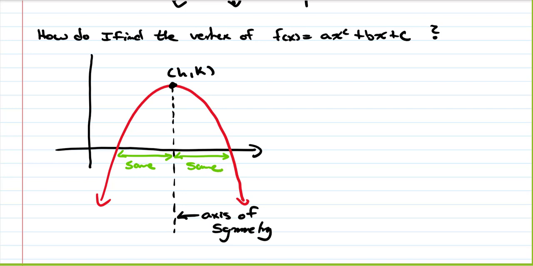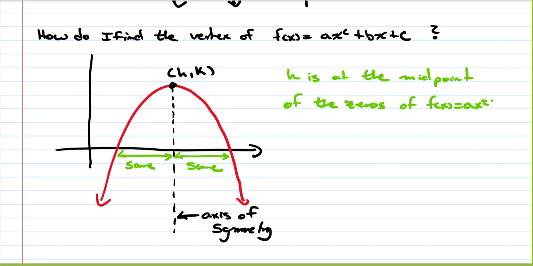Well, then that tells us that h is at the midpoint of the zeros of f of x equals ax squared plus bx plus c.